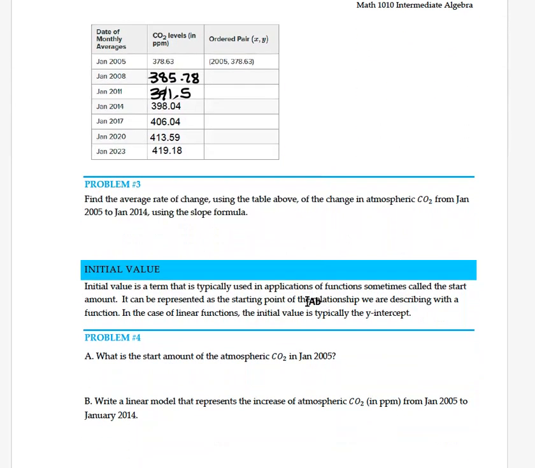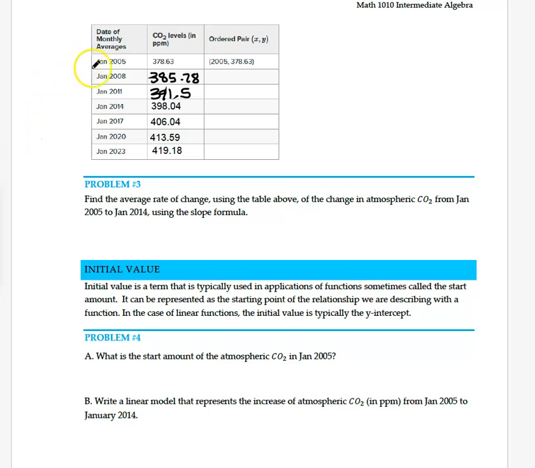And then we're going to be answering some questions with this by filling that out. So, find the average rate of change using the table above, and the change in the atmospheric CO2 from January 2005 to January 2014.